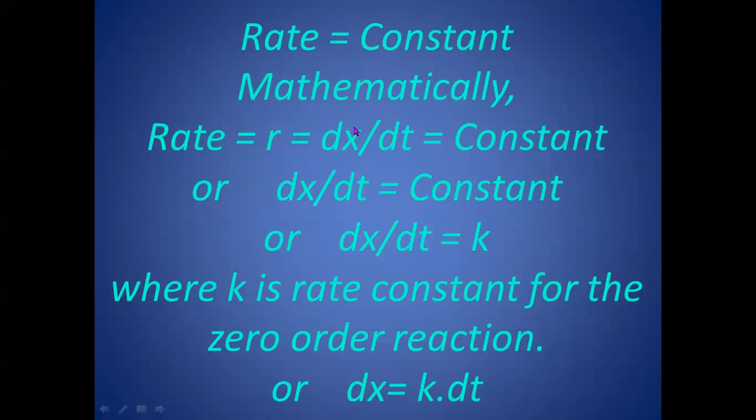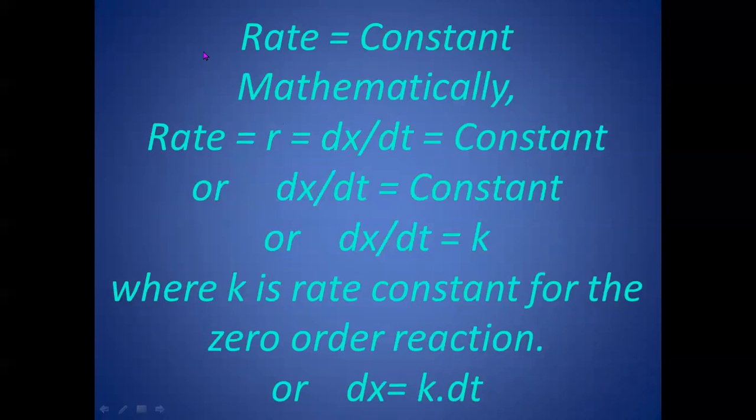So x is the concentration, t is time, and dx and dt are the small changes in concentration and time, or these are called infinitesimally small changes.